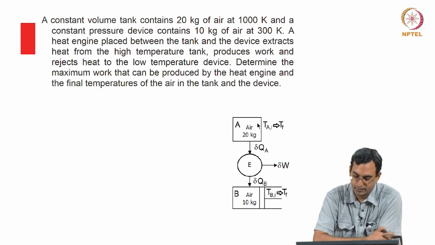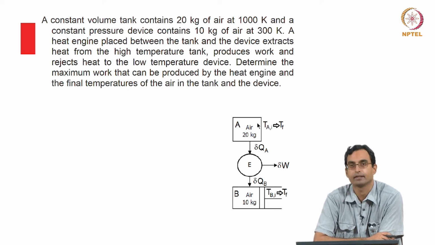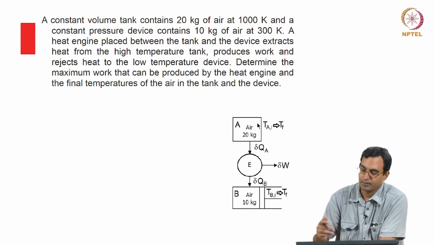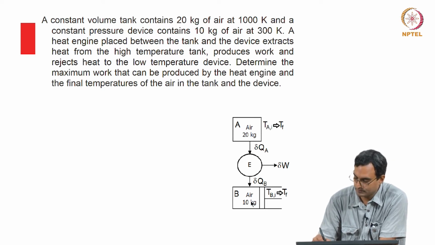Determine the maximum work that can be produced by the heat engine and the final temperatures of the air in the tank and the device. Okay. So, what we have is a tank which contains 20 kg of air at 1000 Kelvin, and we have a constant pressure device which contains 10 kg of air at 300 Kelvin.